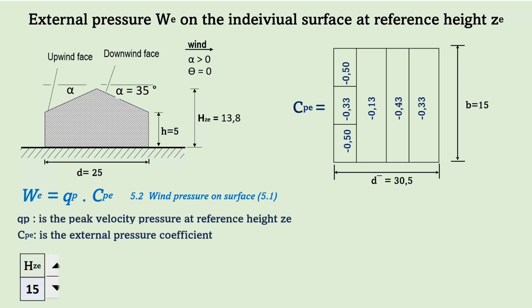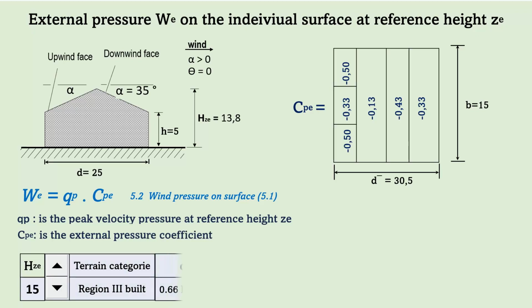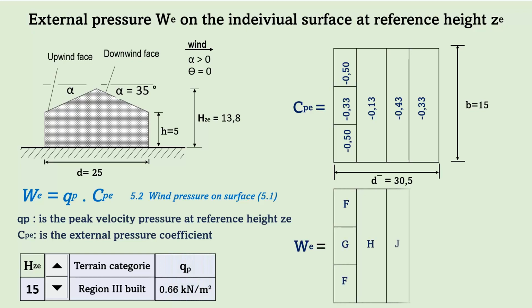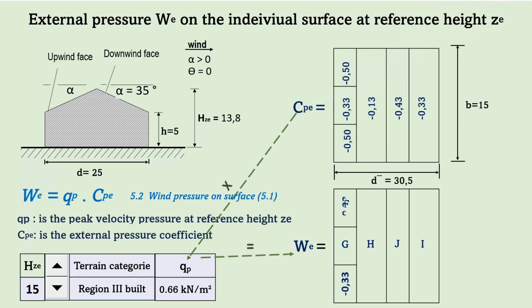Reference height is rounded up to 15 meters to match the height values in the table. The CPE values in each zone multiplied by the QP value, here it is 0.66, give us the values of external pressure WE in every zone of the duopitch roof.